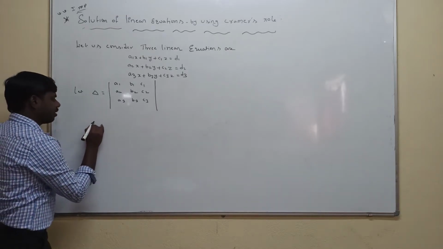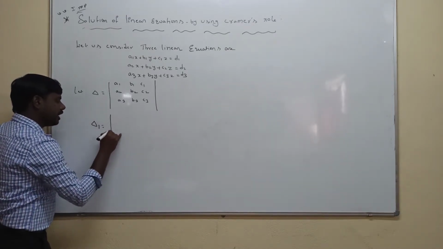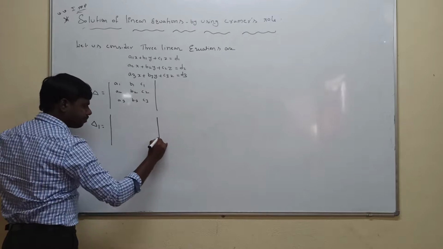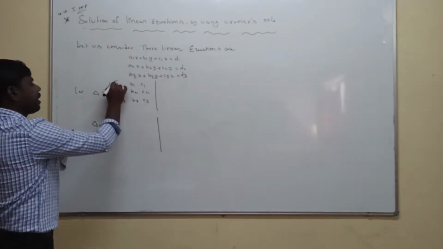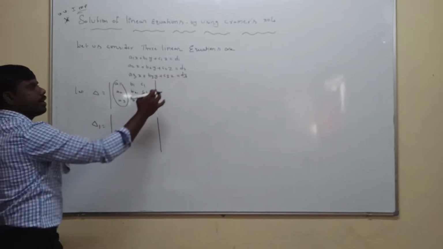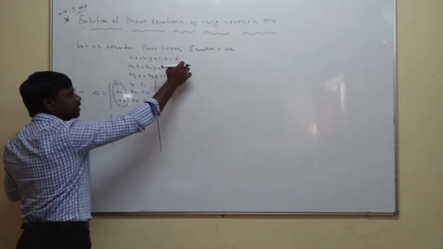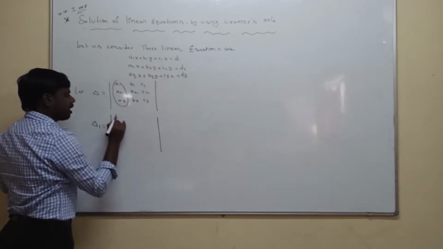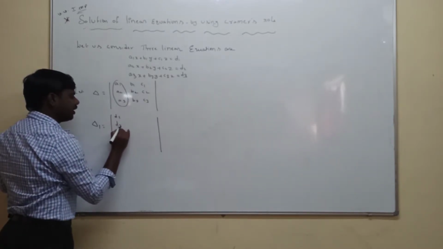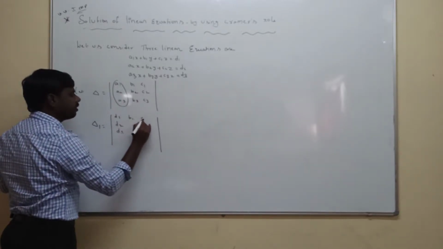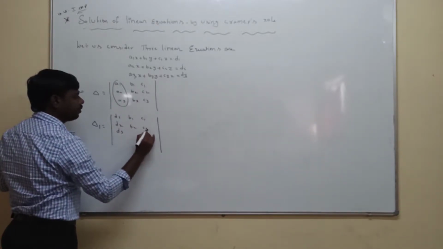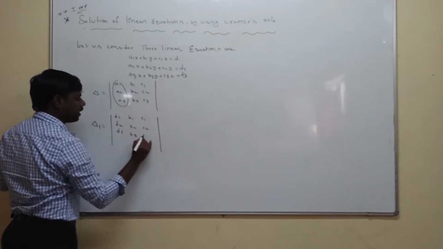Next, delta 1. Delta 1 means the determinant by delta, with the first column replaced by the constant values D1, D2, D3. The other two columns are written as they are: B1, C1, B2, C2 and B3, C3.